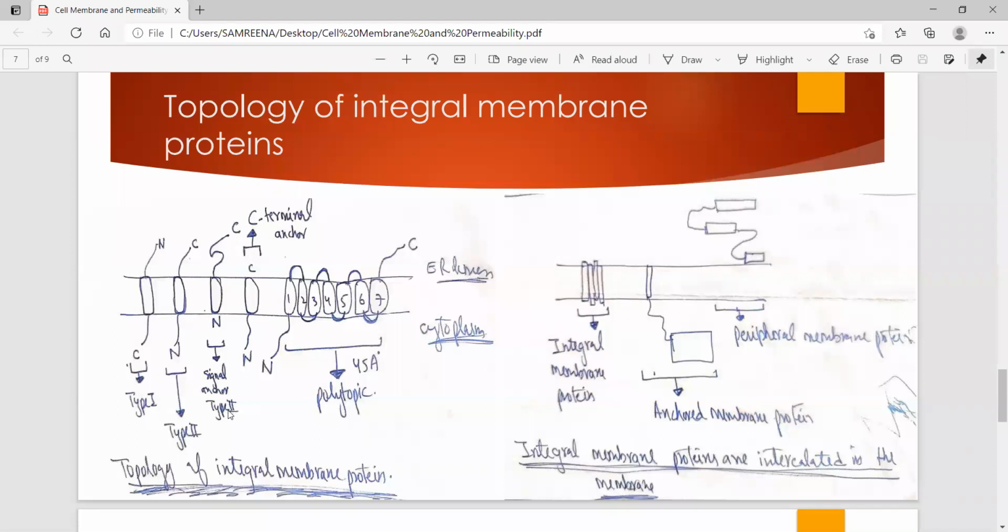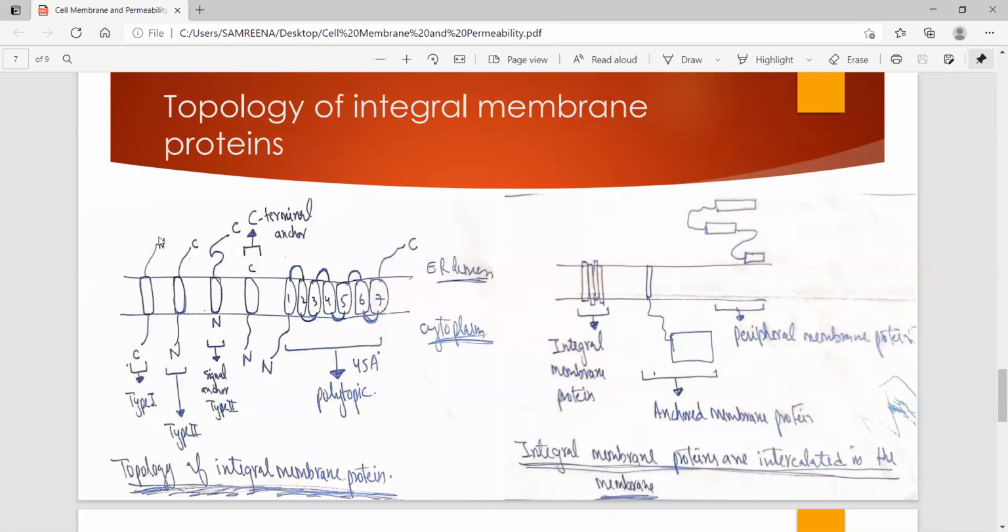If I ask you what are type 1 integral proteins, we can mention that type 1 integral proteins are those where the carboxyl or C terminal is towards the inside of the cell and the N terminal is towards outside the cell.